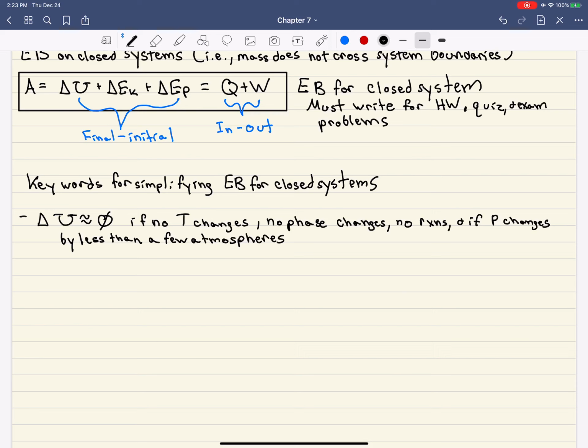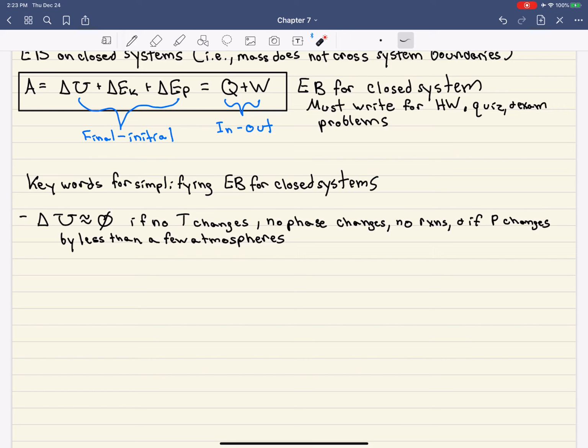And the reason why you could assume that delta U is basically 0 there is, we have to remember internal energy is describing the processes that are going on at the molecular level, atomic level, and subatomic level. Right? And those processes are affected by changes in temperature, or the phase of matter, or reactions, or how pressurized the system is.